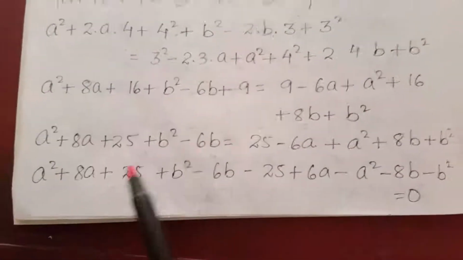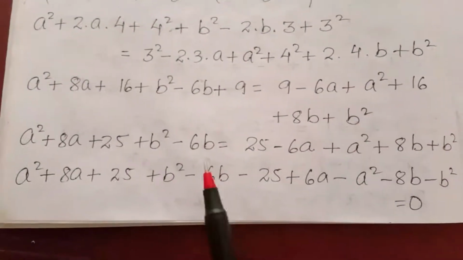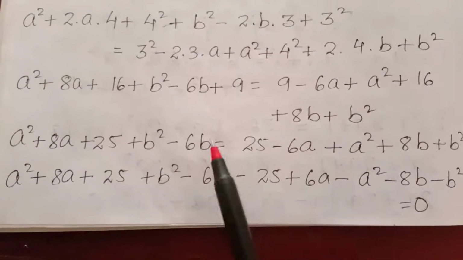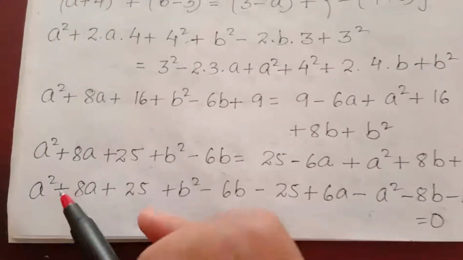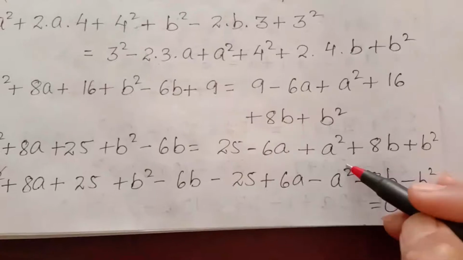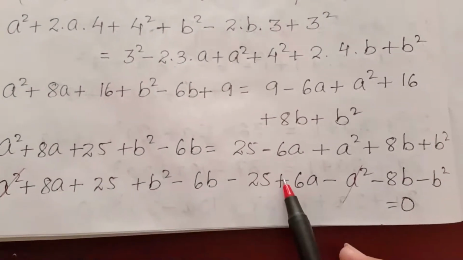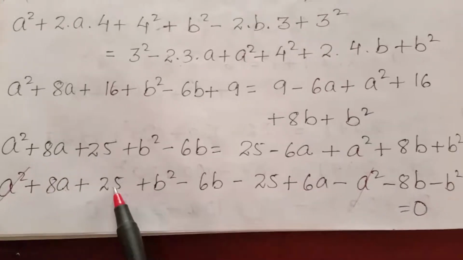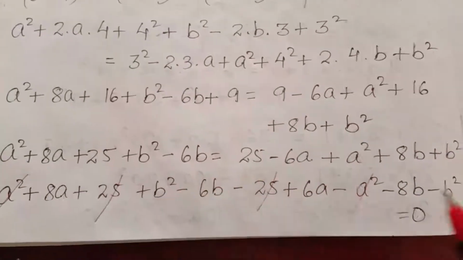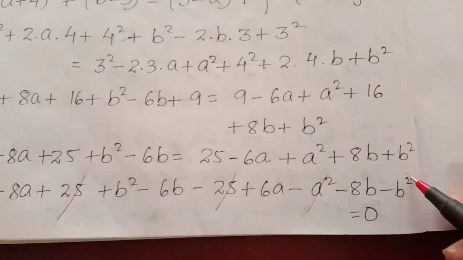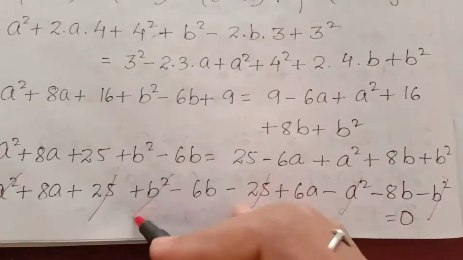Now keep everything on the left hand side, okay, write all the terms of the right hand side on the left hand side, just change the sign. Next, a square and minus a square cancel. 8a plus 6a will be 14a, 25 minus 25 cancel. b square cancel.